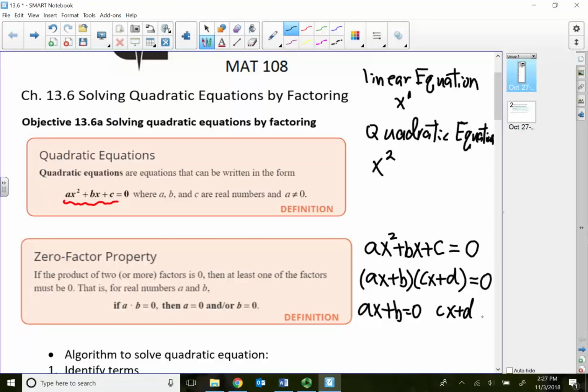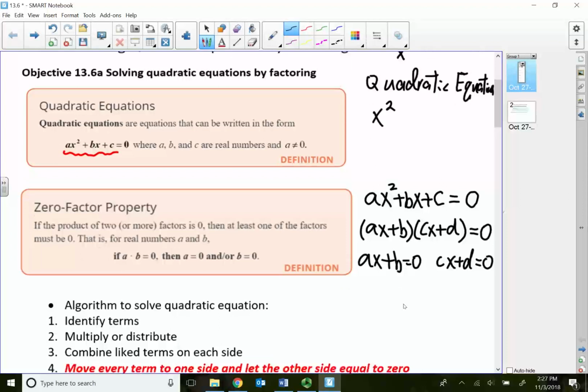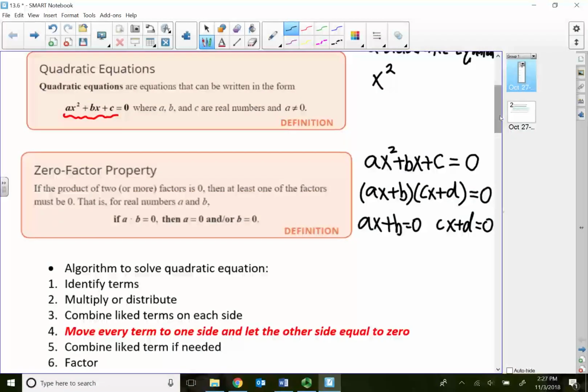That's what the zero factor property is saying. Find a number for x where it times the factor a plus b, where that whole thing becomes 0. So 0 times whatever is right next to it will still be 0. Very, very nifty little concept.